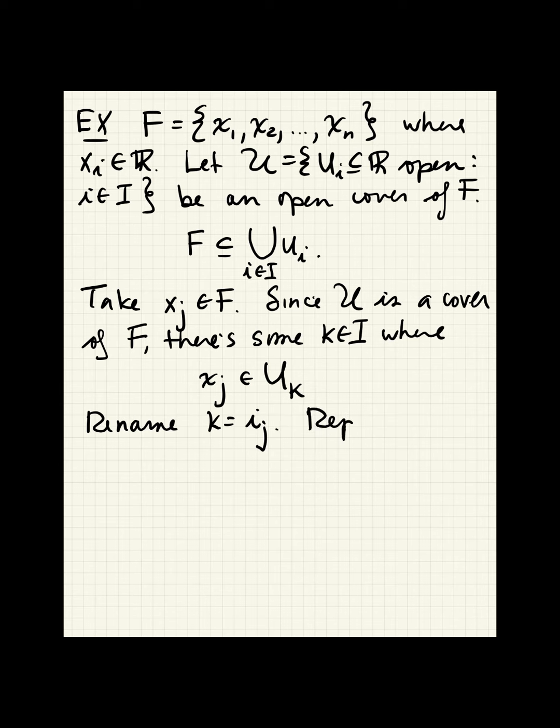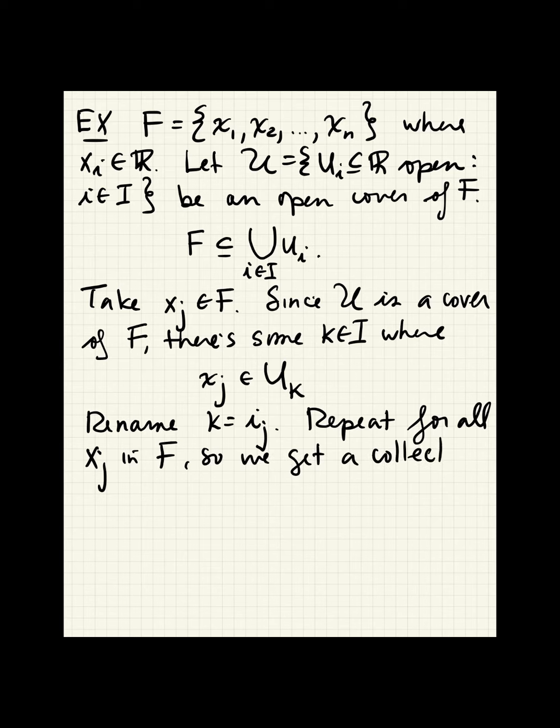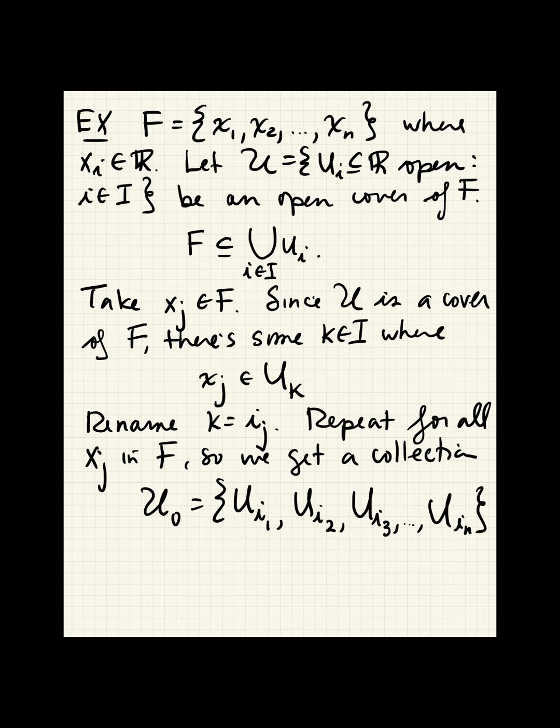Okay, repeat this for all the x_j in F. So we get a collection, script U naught: we get one open set for the first element of F, one open set for the second element of F, an open set for the third element of F, and all the way down to the last element of F. And here, x_j, by construction, is in the open set U sub i_j.